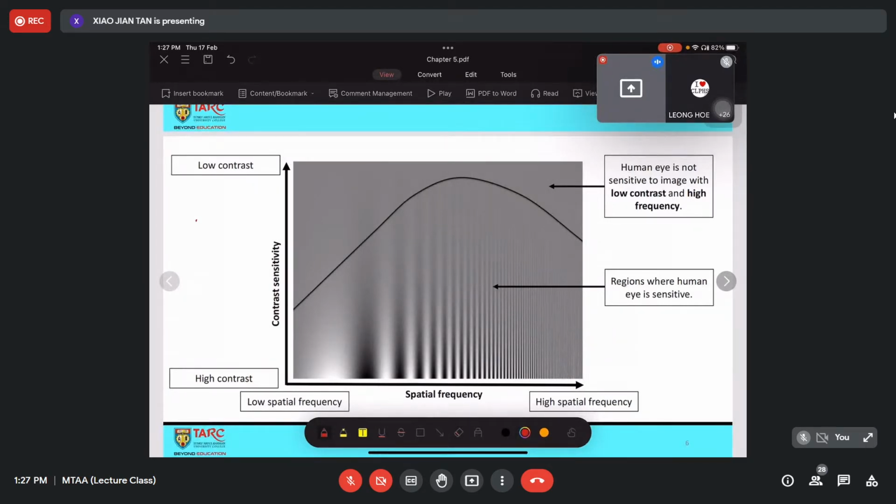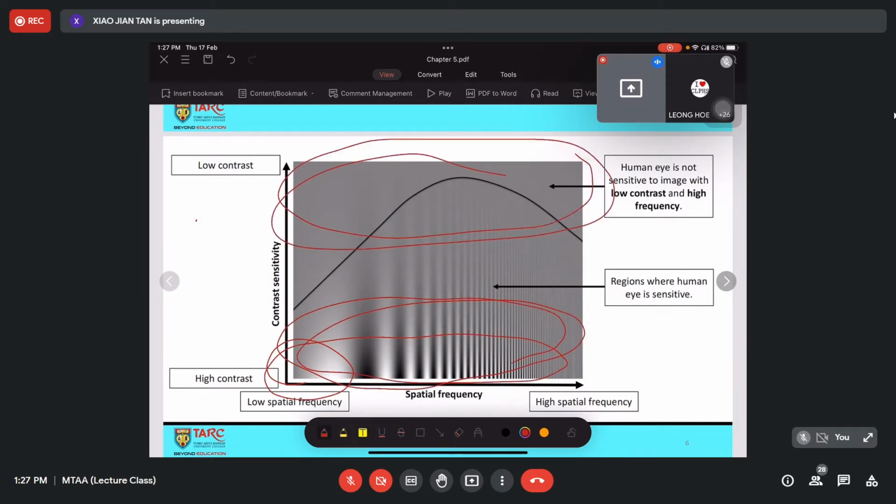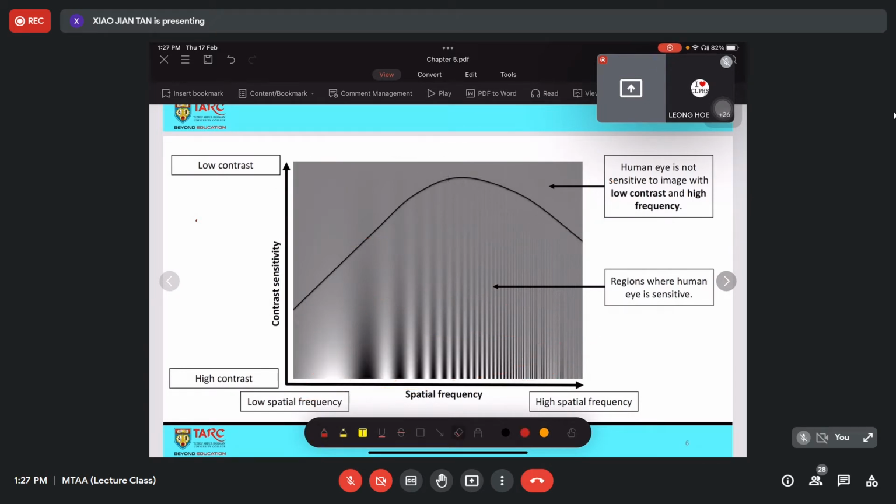Any questions regarding this one, or any of you who don't understand this one? Okay, so again, the bottom part is referring to high contrast, the top one low contrast, whereby it appears very blurry. Towards here you have a larger gap, which means low frequency.